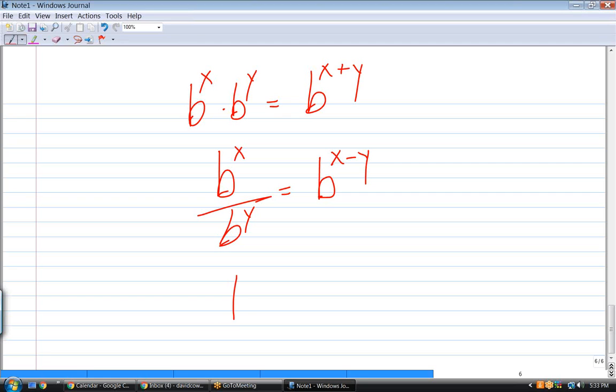And finally, if I have b to the x all to the y power, something I call double exponentiation, what do I do here? It would be b, and then the exponents would be multiplied to be xy. Correct. In all three cases, you're doing something different to the exponents than is being done to the underlying base.